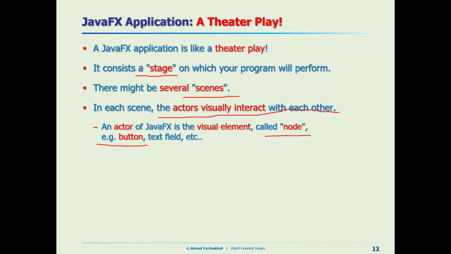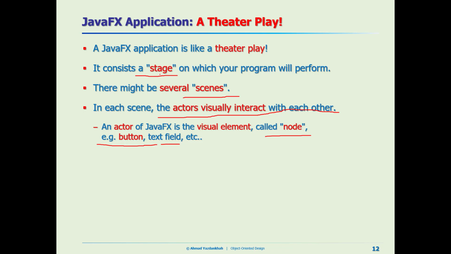For example, a button, a text field, a label. There are a lot. We will see some of them in this series of lectures, let's say, not in this particular one. And you will learn some of them by researching based on whatever you need in your application.